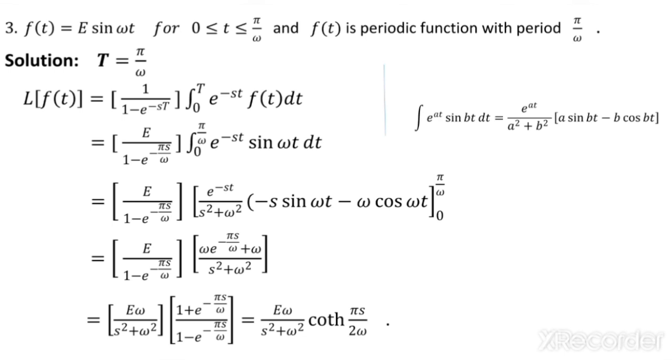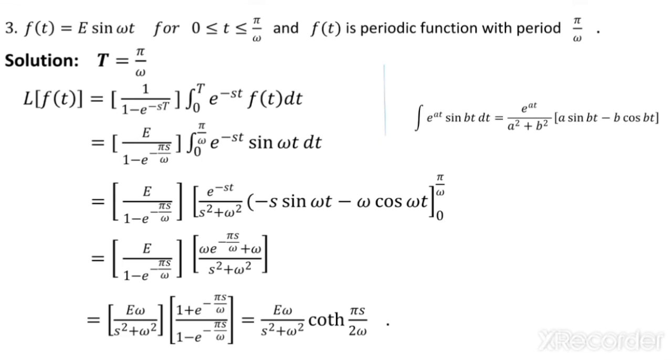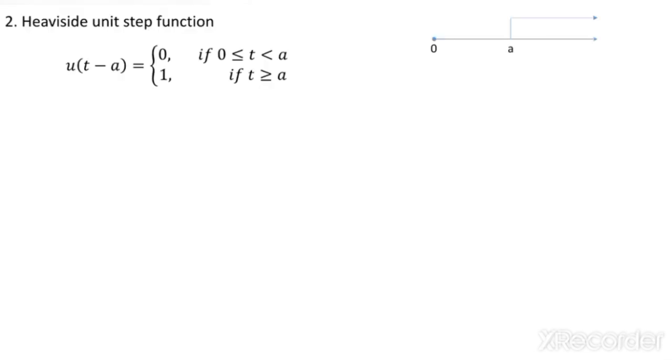So what is the unit step function? Let me define the unit step function first. It is also called the Heaviside function. It is defined as u of t minus a, where a is any positive value.